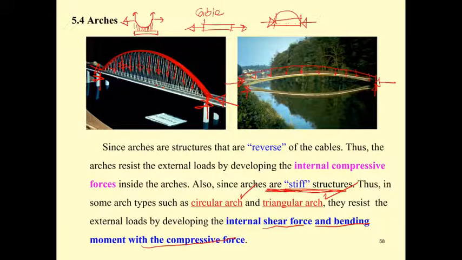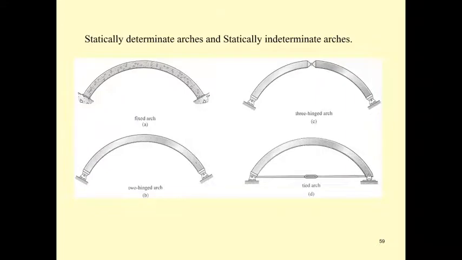There are two big types of arch. One is the statically determinate arch. Another one is the statically indeterminate arch. First, we take a look at the fixed arch. Under the action of the force, you may see this support will develop three unknown reactions, including moment.